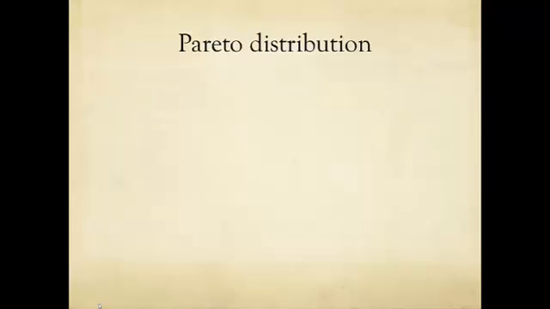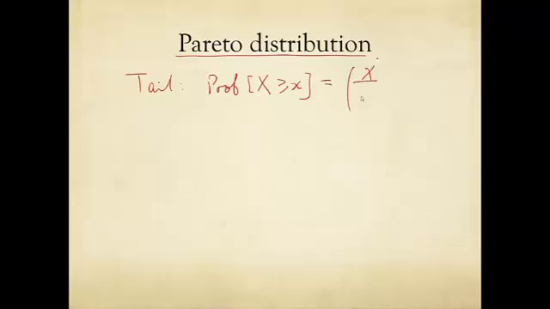Now, what kind of distribution is long tail? A specific special case is called the Pareto distribution. The same Pareto as in Pareto optimal that we were talking about in lecture 1. So the Pareto distribution has the following tail: the probability that a random variable x, say the node degree, is bigger than or equal to a specific small x equals x over k to the power minus alpha, for some constant k.